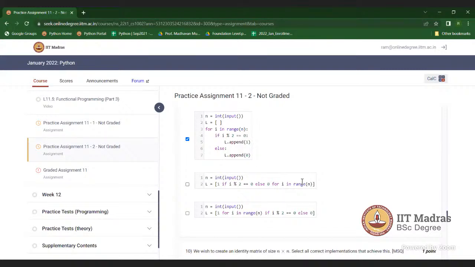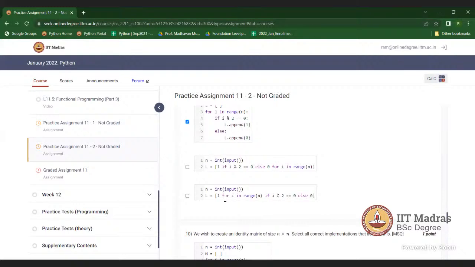Okay, this is for i in range of n. In the second one, the element is going to be 1 throughout, that is, the list contains only 1s.